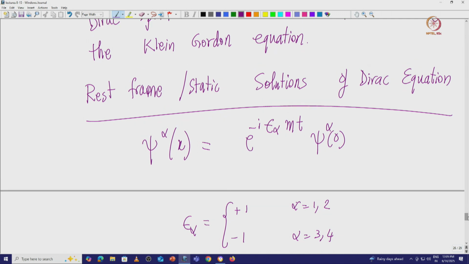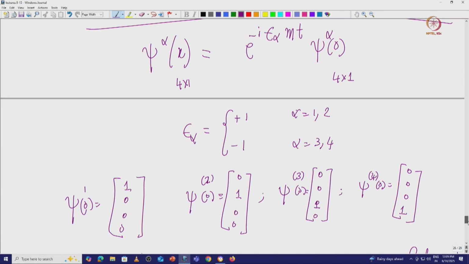This is again a matrix equation, a 4 component form, 4 times 1, and each of these components has this property: 1 0 0 0, 0 1 0 0, 0 0 1 0, and this is the 4th component here. And what we see is that the first 2 components have positive energy solutions and the second 2 are negative energy solutions.